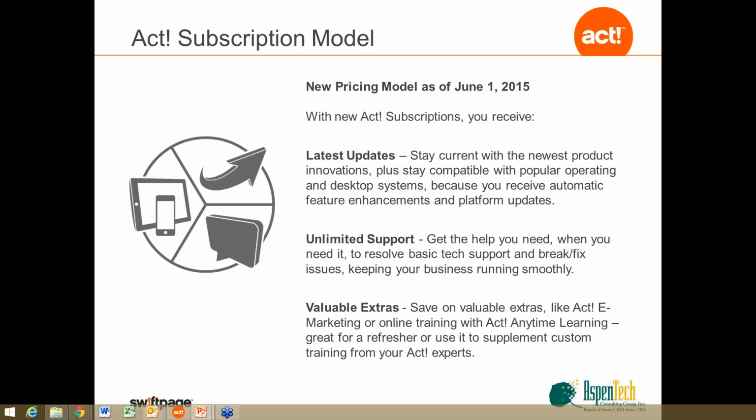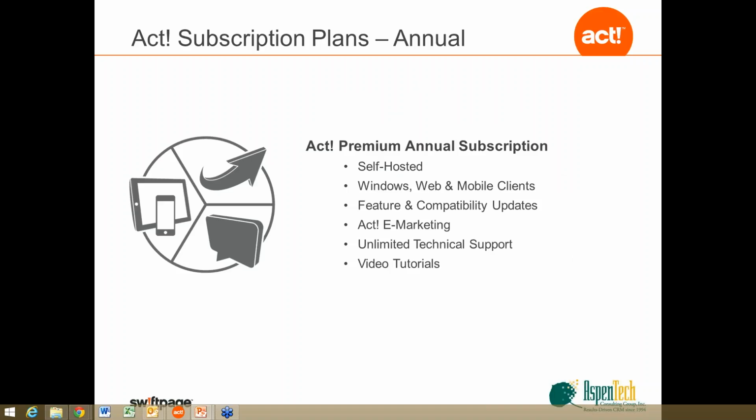And with subscription, there are really three types of plans moving forward. There's the annual plan. This is the first one we'll talk about. With the annual plan, you would continue to host your ACT database yourself or with the hosting provider of your choice. You'd get access to the Windows, web, and mobile clients. All three of those things are included in the premium product.